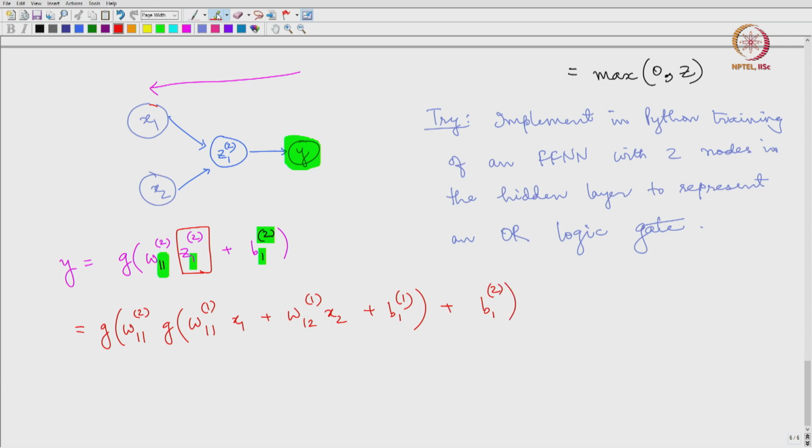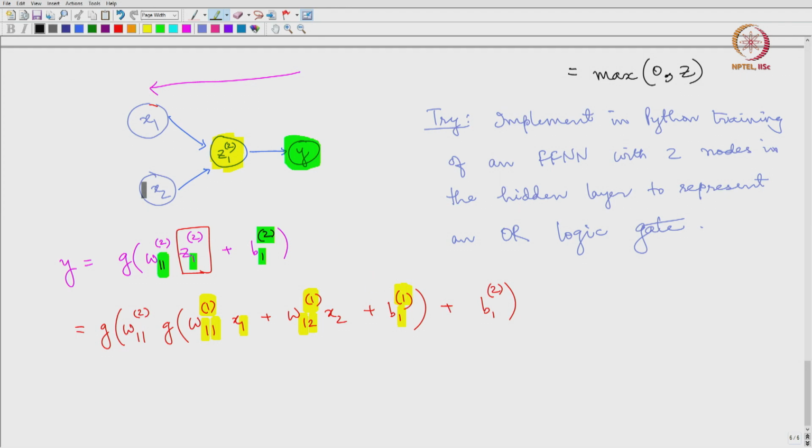Again, to explain the notation here, this is specifying the weight of the first feature as it feeds into the first node in the next layer. So that will be the second layer, and this is the weight of the second node as it feeds to the first node again in the next layer, and this is the bias contributing to the first node in the next layer.